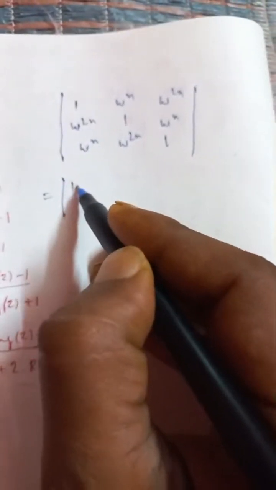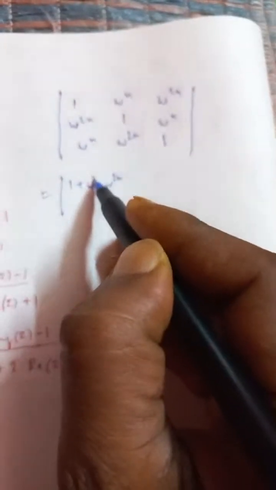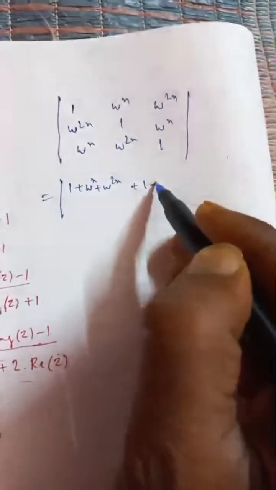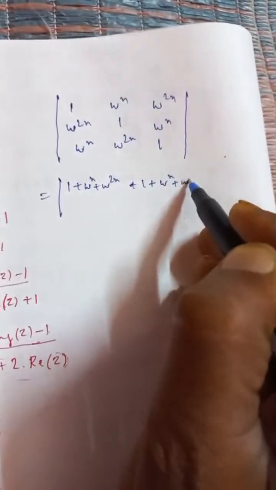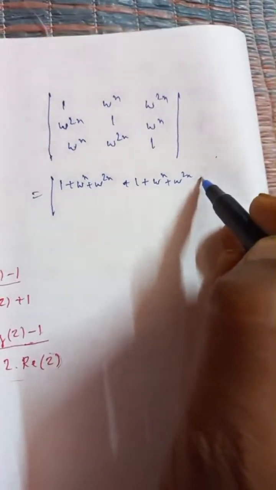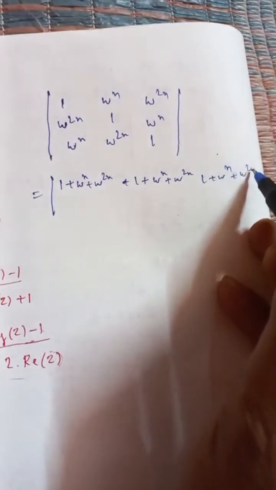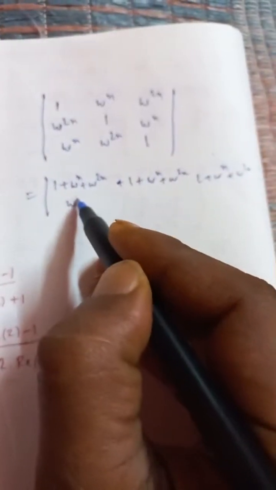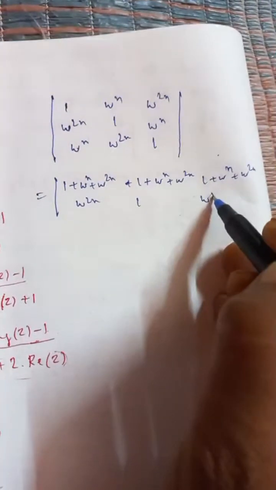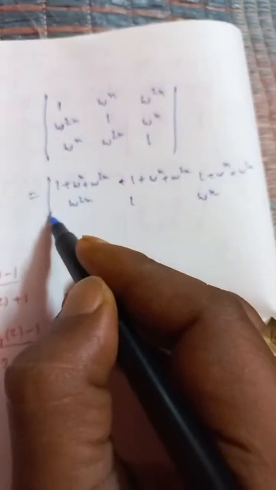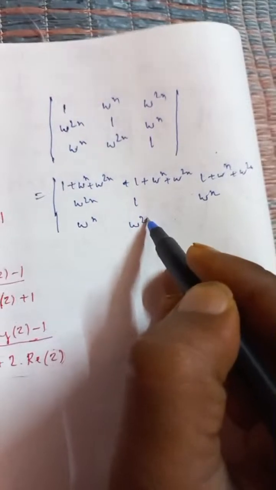We will have 1 plus omega 2n plus omega to the power n, 1 plus omega to the power n plus omega to the power 2n, and then 1 plus omega to the power n plus omega to the power 2n, omega to the power 2n, 1, omega to the power n; omega to the power n, omega to the power 2n, 1.